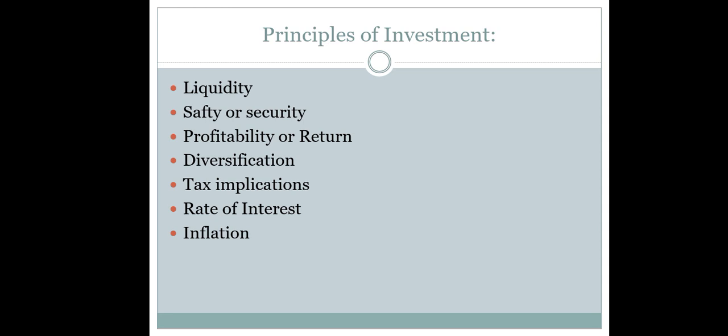Some types of investments are there, like the provident fund or Public Provident Fund, PPF. When you invest money in the Public Provident Fund, the minimum period is 15 years.